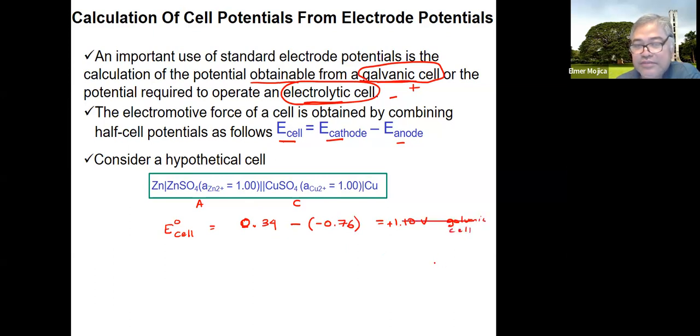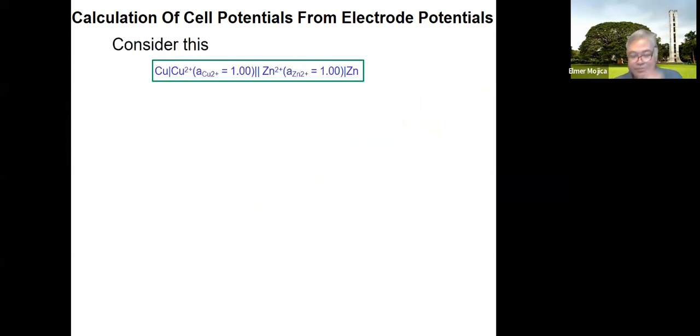And this is positive, which tells us this is a galvanic cell. Now, what if it's this one? What will happen? So you're going to switch. So this is the anode, this is the cathode. So in this case, you have negative 0.76, minus, what do you have? 0.34.